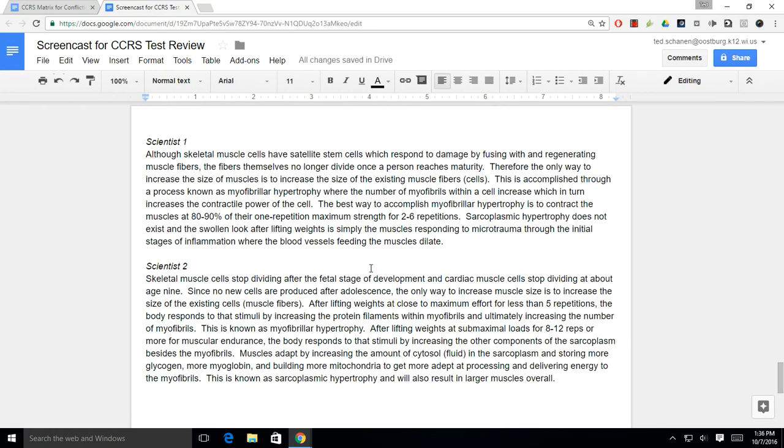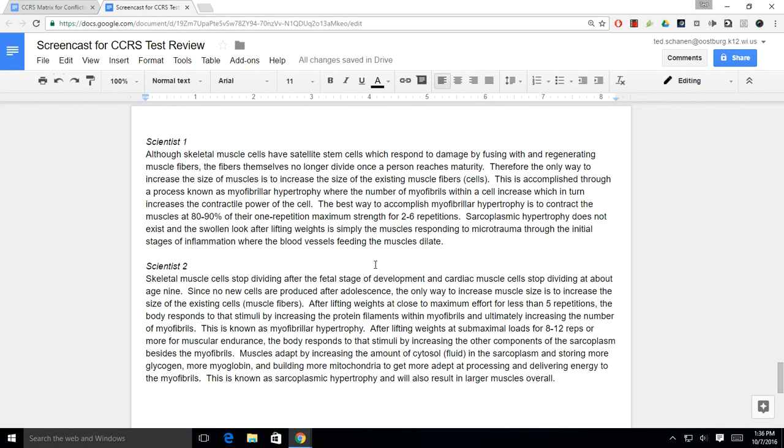So we need to know, is it scientist 1? Is it scientist 2? Is it both of them, or is it neither of them? Which one talks about low reps leading to sarcoplasmic hypertrophy? Again, that's just comparing and contrasting the different scientists and looking for scientific information in a complex text.